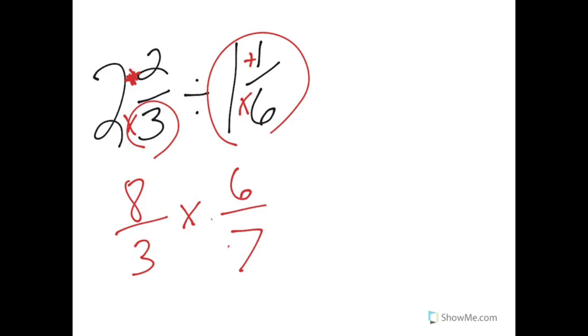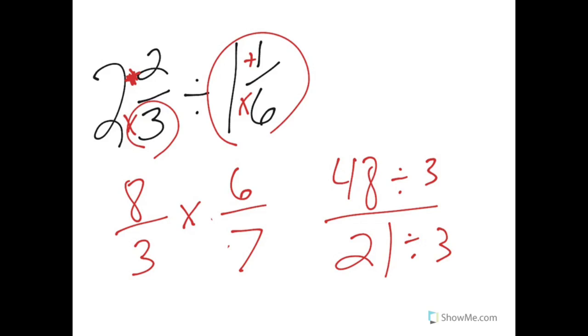Okay, 8 times 6, 48. 3 times 7, 21. I know I'm skipping ahead just a little bit. I know these can both be divided by 3, and of course we could make our chart and find that out. I'm just skipping ahead for time purposes.